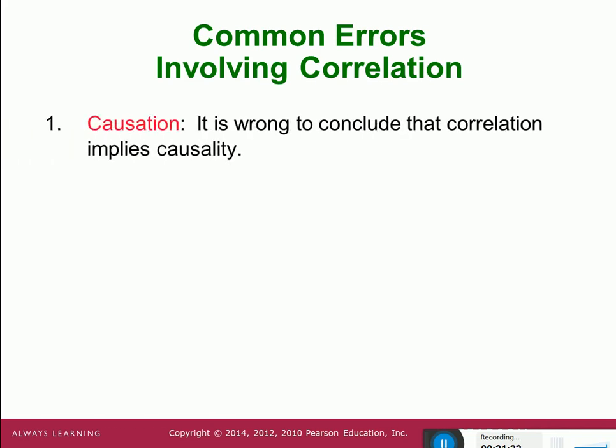And there are some common errors involving correlation that you must pay attention to. Causation. It is wrong to conclude that correlation implies causality.